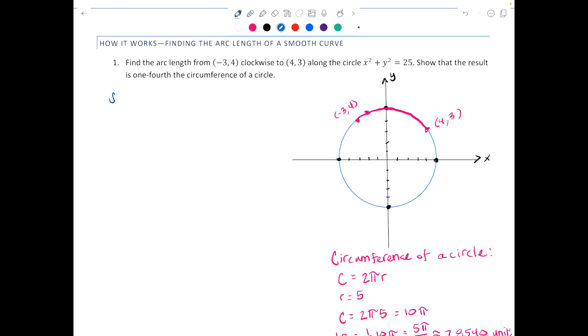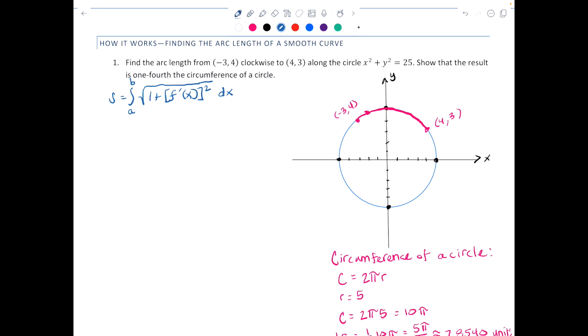In general, arc length we can do as a function of x or a function of y. You're probably more used to working with a function of x. So our arc length is the integral from a to b of the square root of 1 plus f prime of x squared dx, right?